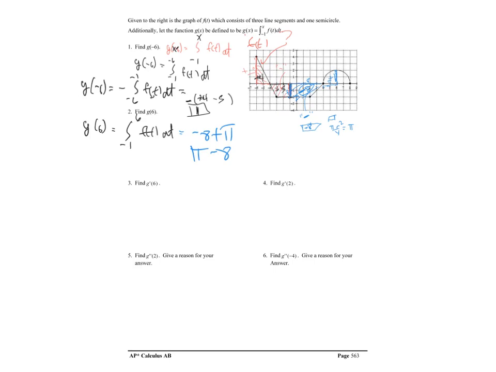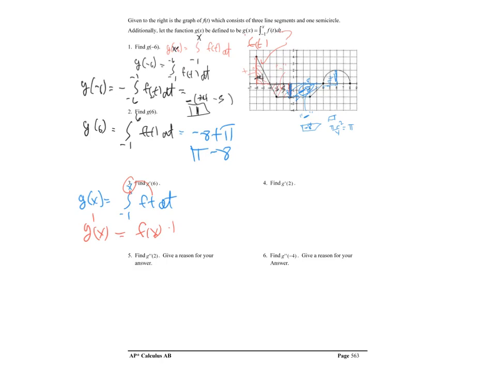Okay, now g prime. Now we are talking. If g of x is equal to the integral from negative 1 to x of f of t dt, then g prime of x, using the second fundamental theorem, will be f of x times the derivative of x, which is 1.